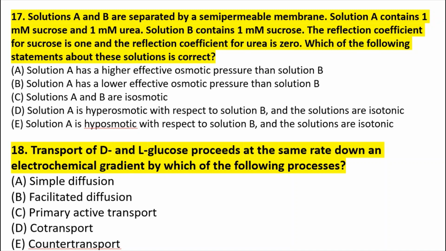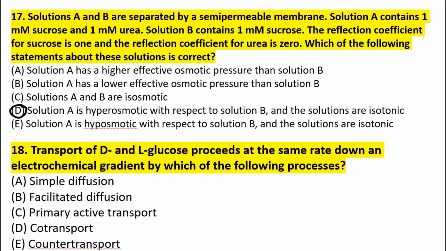A, solution A has a higher effective osmotic pressure than solution B. No. B, solution A has a higher effective osmotic pressure than B. No. C, solutions A and B are isosmotic. No. D, solution A is hyperosmotic with respect to solution B, and the solutions are isoosmotic. So the answer here is D.